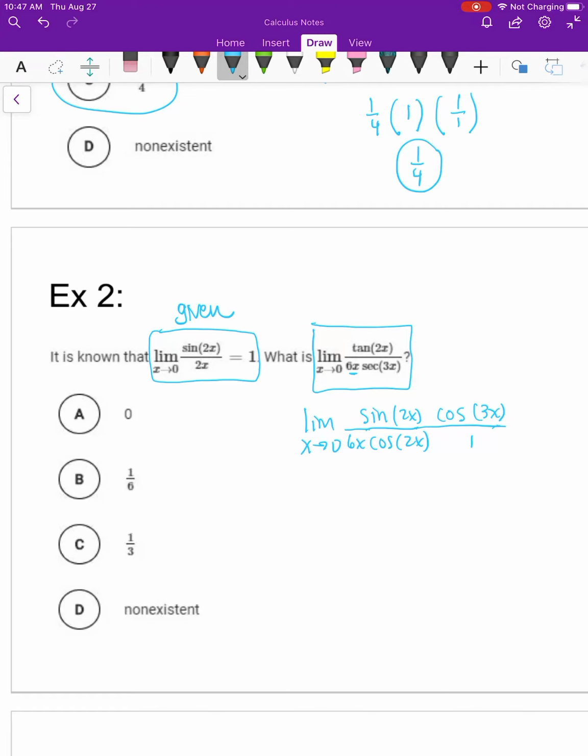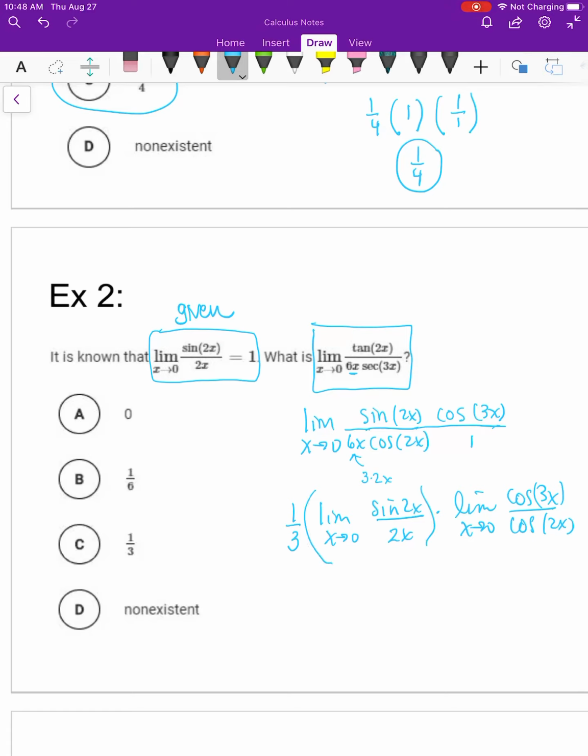So now, remember, you're looking for sine of 2x over 2x. So if you're thinking of this as, ooh, this is 3 times 2x, that 3 is in the denominator, so you could bring 1/3 out. This would be the limit as x goes to 0 of sine 2x over 2x, and then times the limit as x goes to 0 of cosine 3x over cosine 2x.